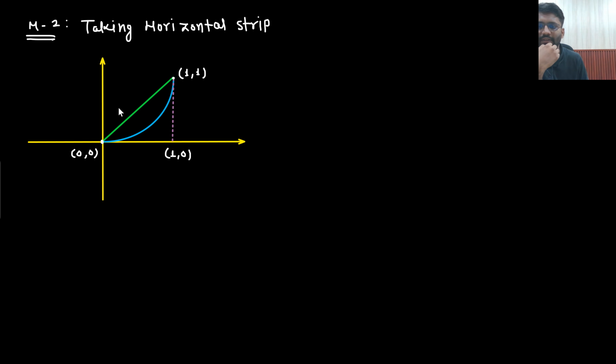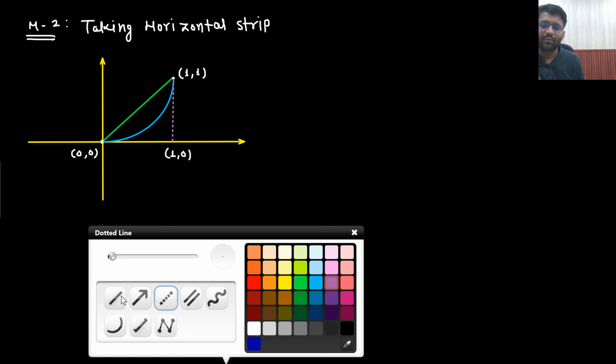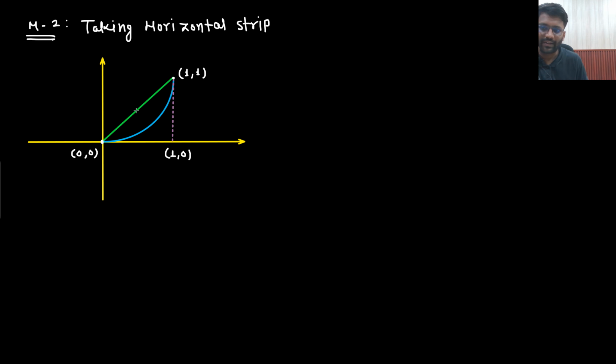Right? And what is the equation of this graph? Y equals x. What is the equation of this graph? Y equals x square. Why am I not writing down the equation as of now? Let's first take the strip. So I will take a horizontal strip this time.